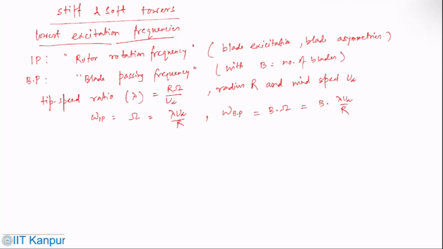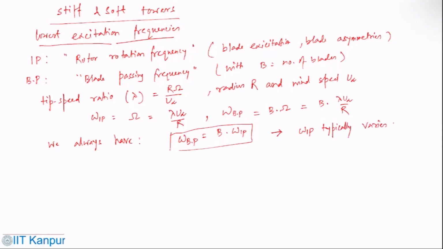So which means we always have B into W1P. You can see W1P typically varies with wind speed.